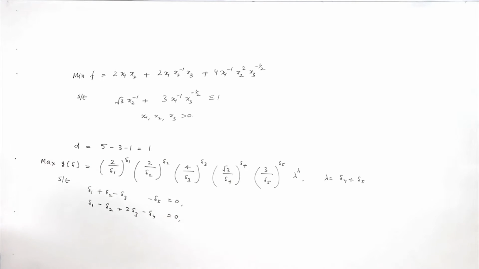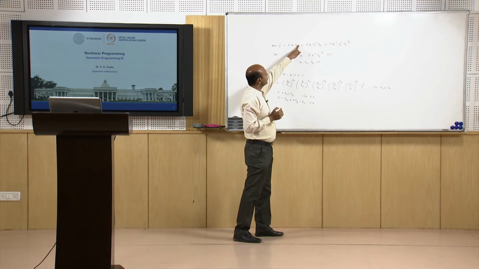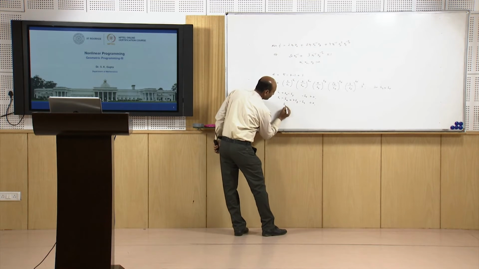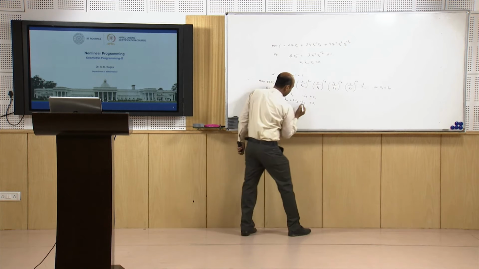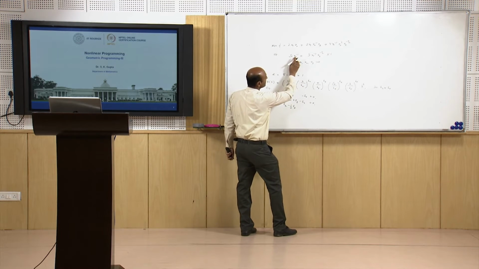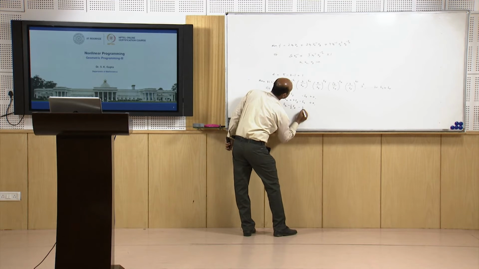Now, corresponding to x3, there is no term in the first, here it is delta 2, then here it is minus 1 by 2 delta 3, then here no term of x3, and here it is minus half, so minus 1 by 2 delta 5 equals 0.